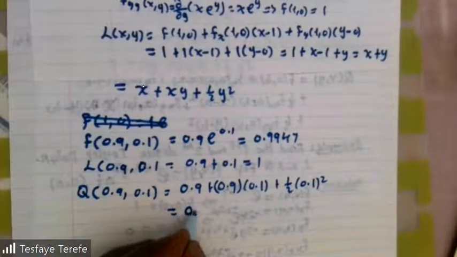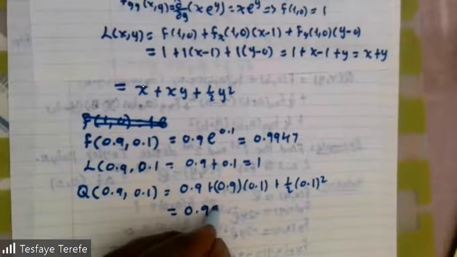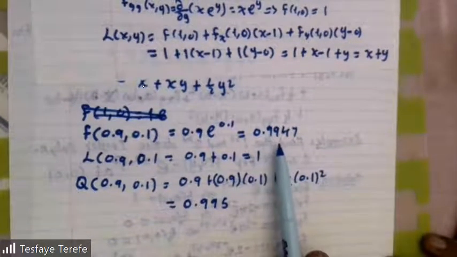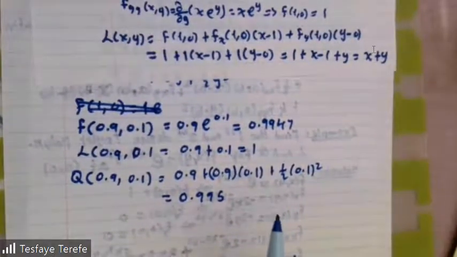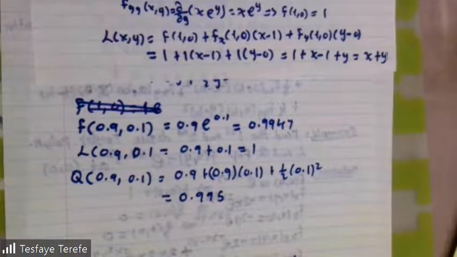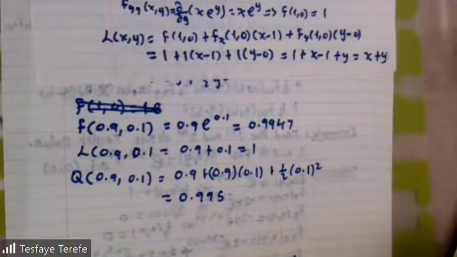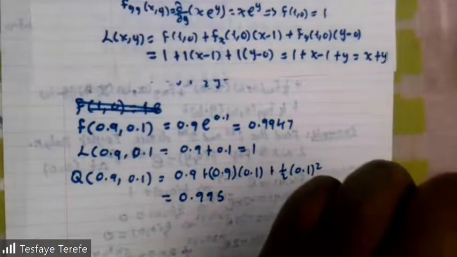If you use your calculator, you'll get 0.995, while the exact value is 0.9947. The quadratic approximation is close to the reality, and the linear approximation is not that far either, because this point is close. So this is how calculators and computers actually give us numerical values.